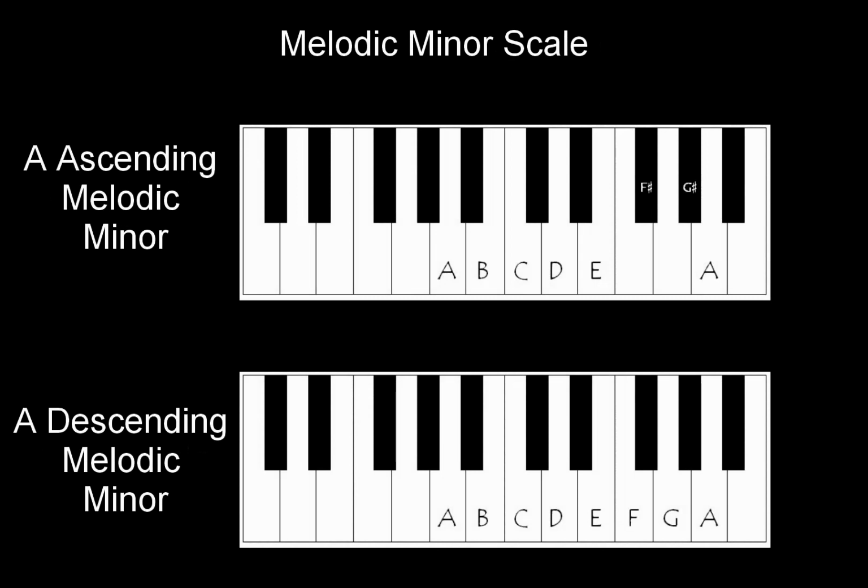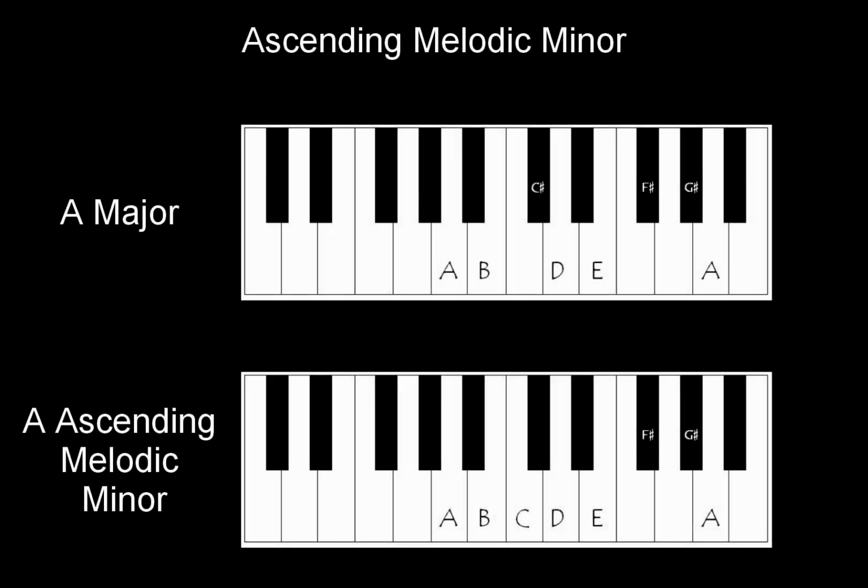Last is the melodic minor scale, which has a different pattern depending on whether you are ascending or descending the scale. Generally, the focus is on the ascending melodic minor due to its practical use.